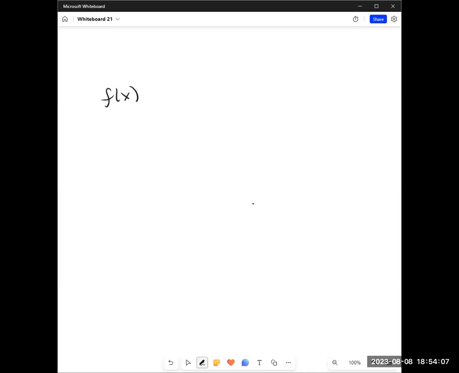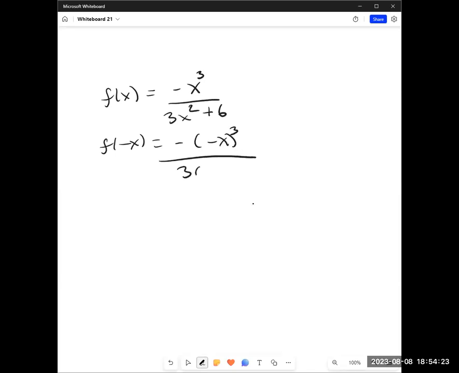f of x now is going to be a negative x to the third over 3x squared plus 6. So f of negative x will be equal to a negative times a negative x cubed over 3 times a negative x squared plus 6.